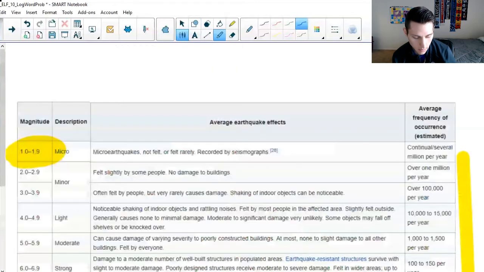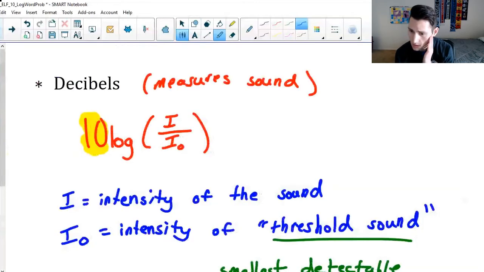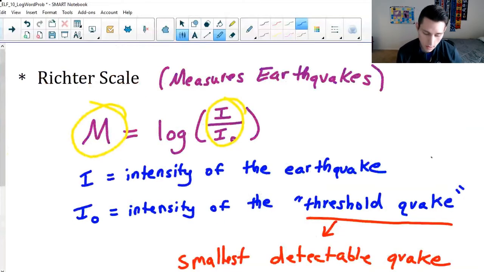Whenever we use the original formula, because I and I0 are in the logarithm, it's comparing whatever the earthquake is to whatever the threshold is. But we can actually choose any two earthquakes to compare, if we put the intensity of one of them divided by the intensity of the other one.